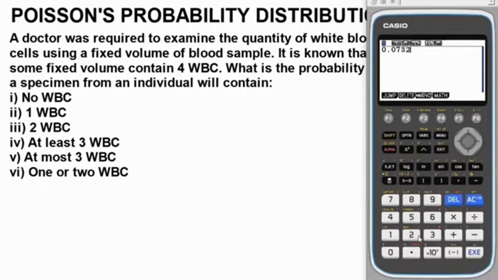I wrote down the values. Let's press execute now. So this will be the probability that a specimen from an individual contains 1 or 2 white blood cells. It's as simple as that, guys. So this is basically how you can solve problems involving Poisson's probability distribution with the Casio FX-CG50 graphing scientific calculator in seconds.